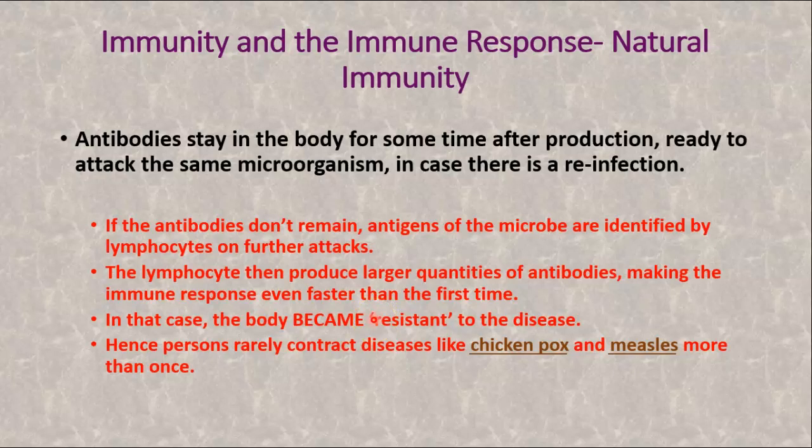That is why persons rarely contract diseases like chickenpox and measles more than once, because once there is a first infection, the body's immune system memorizes the antigens that were presented on the bacteria that caused such infection.